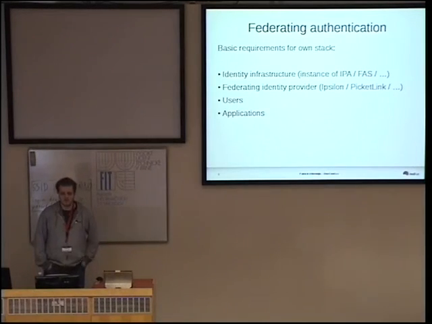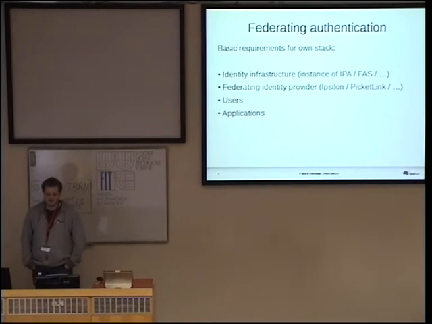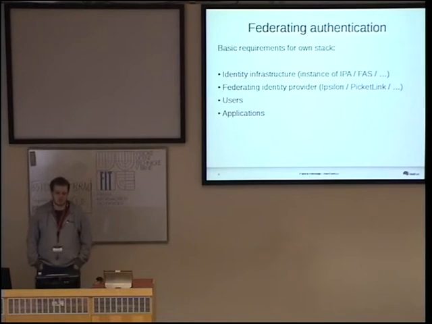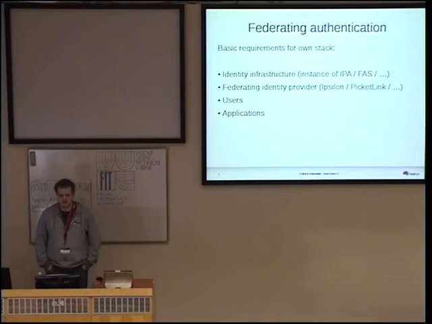You need an identity provider which supports federation protocols. So Ypsilon is a project I've been working on. PicketLink is something we have, and there's a lot of others. Just Google for identity provider. You probably also need users. I mean, how else are you going to authenticate people if you don't have users? And you need to maintain applications that actually use your identity stack.